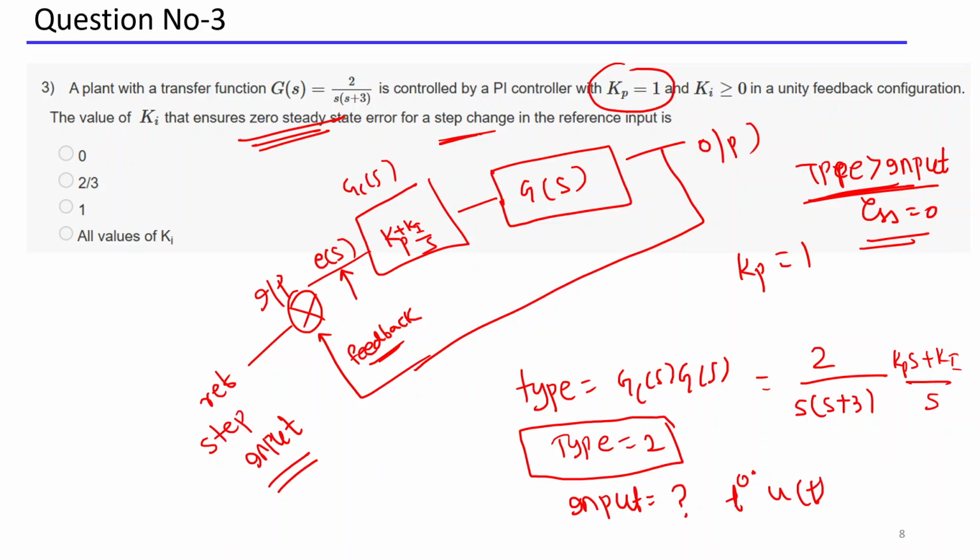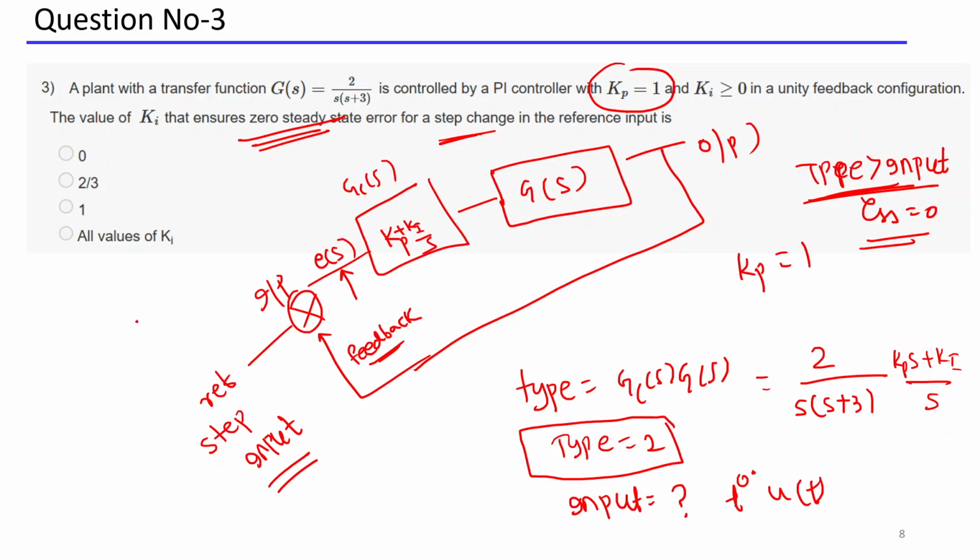So you always get a steady state error 0 for all the values of Ki. Doesn't matter whatever value of Ki and Kp you put, for this system you will get a 0 steady state error, because your type is always greater than the input.